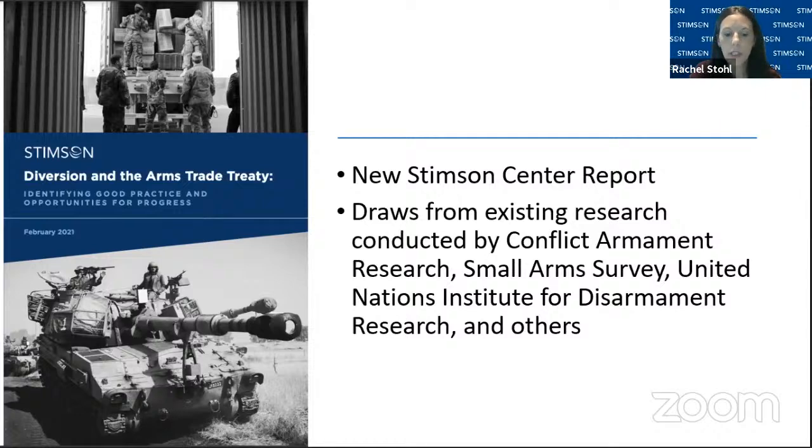So the report, of course, includes recommendations for states to improve their national policies. But what I want to quickly talk about is a questionnaire for licensing officers that we hope will serve as a useful tool for governments. The report draws on existing research done by particularly Small Arms Survey and Conflict Armament Research on good practice. We also conducted interviews with licensing officers.